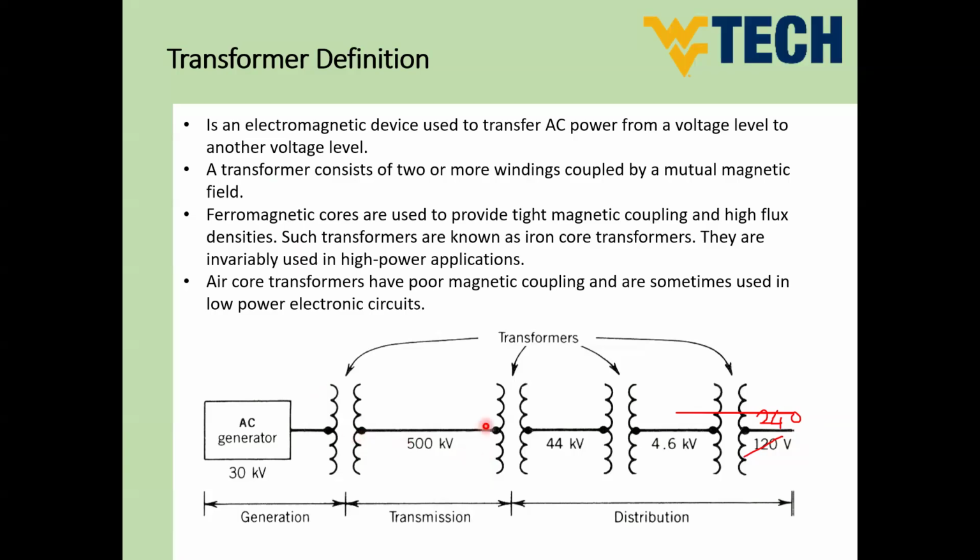If you reduce the current during transmission, you know that any power loss on the transmission line is represented by I square R, the copper loss.